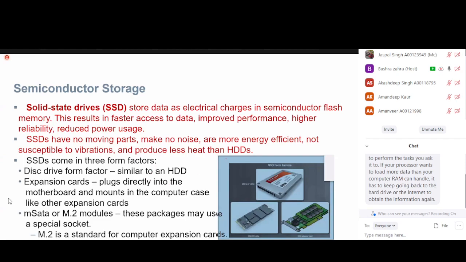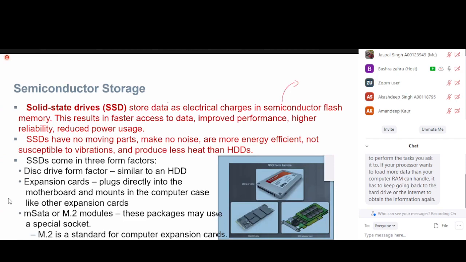Solid state is basically a different type of manufacturing. It doesn't have a mechanical or magnetic assembly to store the data. It stores data in the form of electrical charges in semiconductor devices, transistors.